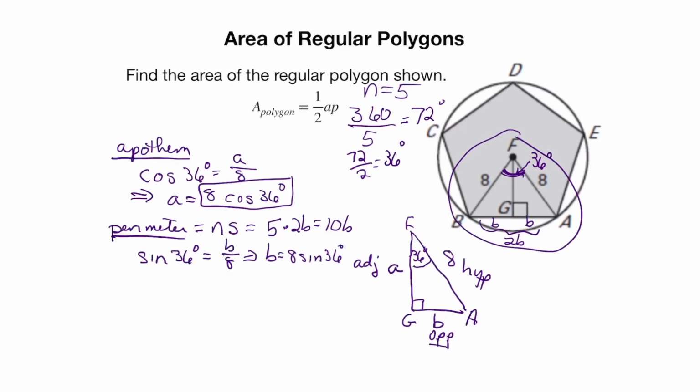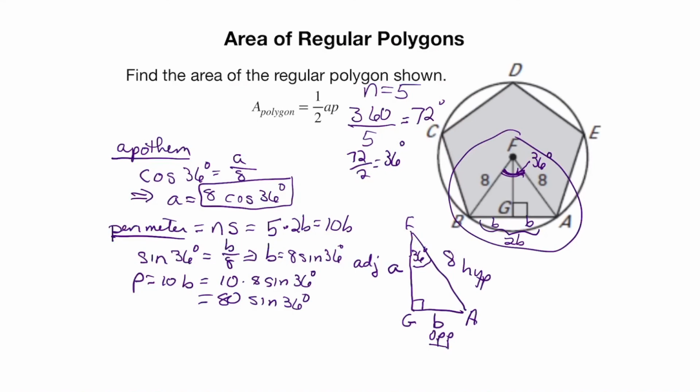Then I go to my perimeter, which is 10 times B, which will be 10 times 8 times the sine of 36 degrees, or 80 sine 36 degrees.